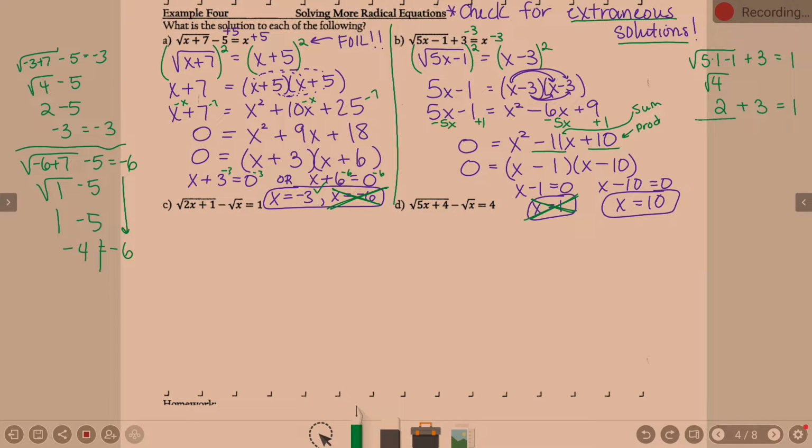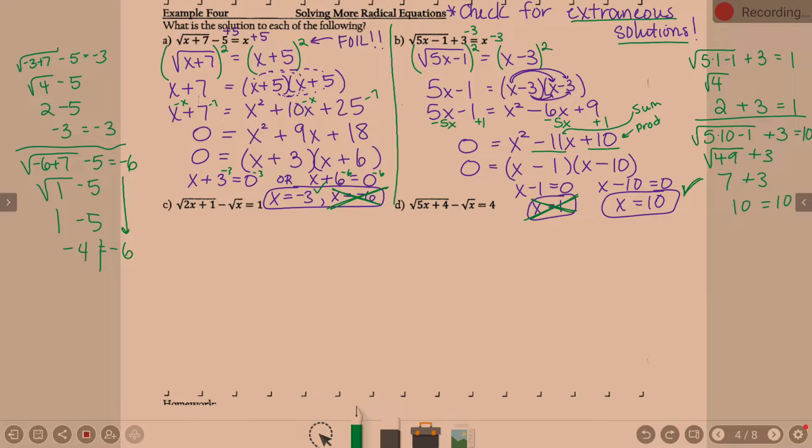Okay? Repeat the process. This time it's 10. Square root of 5 times 10 minus 1 plus 3 equals 10. 5 times 10 is 50, minus 1 is 49. Square root of 49 is 7. We had a plus 3 here, and 7 plus 3 is 10.